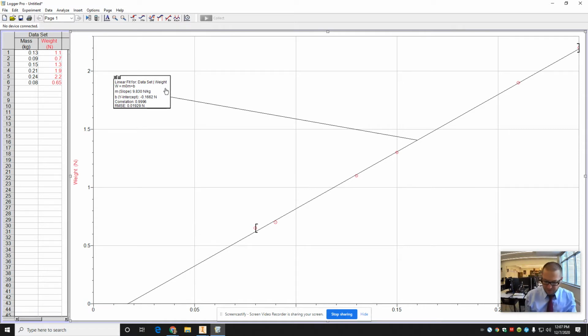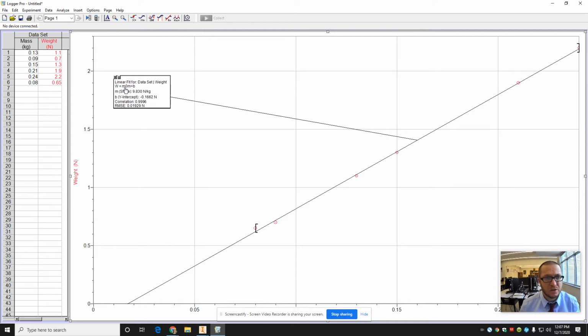Now, let me get a little piece of scrap paper here. I'm going to write something on here and hold it up. And of course, I can't find a good marker. Oh, there it is. So the equation of this line says W equals M0 m plus b. W is the short name for weight.